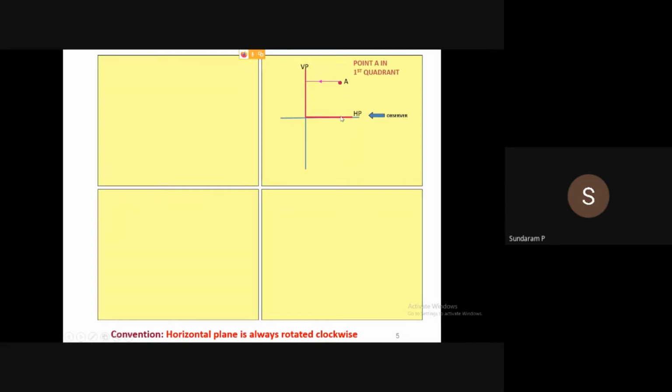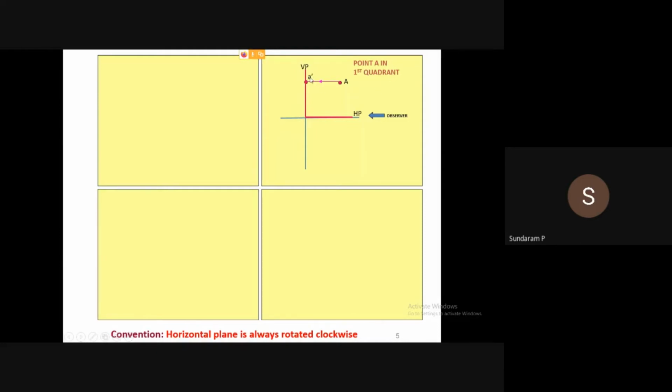Suppose you consider x distance above the horizontal plane and y distance in front of the vertical plane. When you look at the front view, we get the image of the object projected on the vertical plane, or on the wall, at x distance above the horizontal plane. So that is the front view.